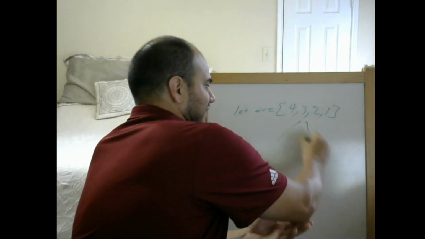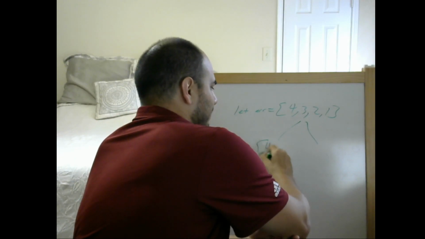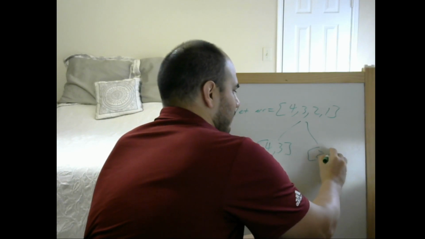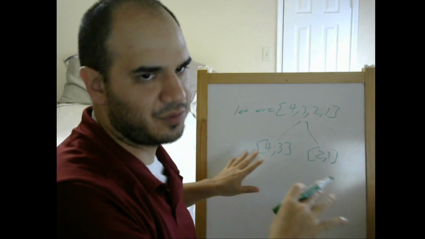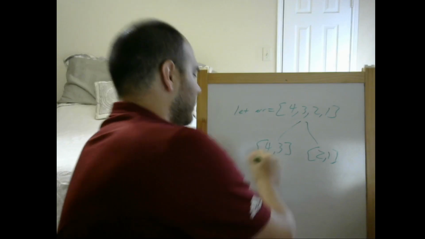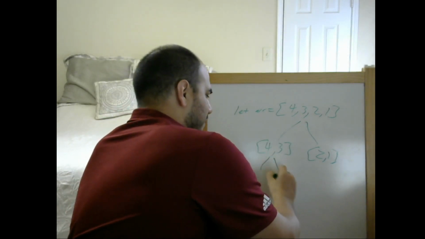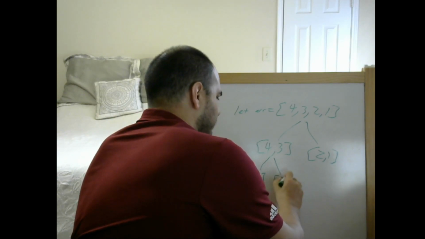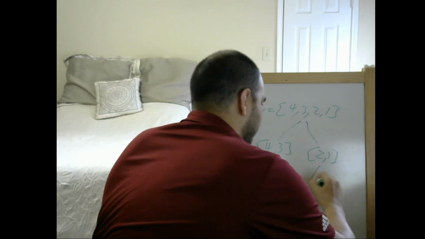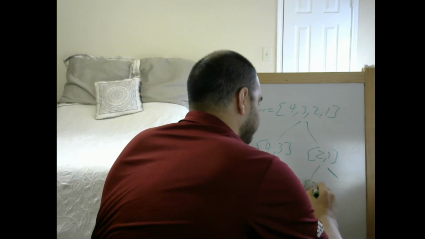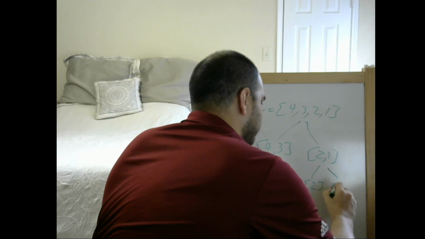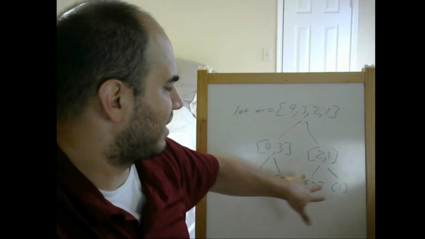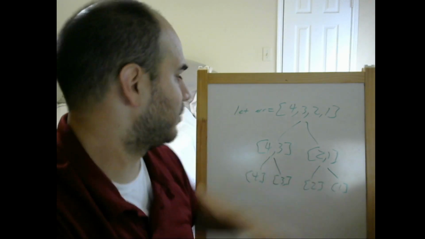It takes this and breaks it down into 2 arrays of size 2. And then it looks at them separately. And then it breaks them down into 2 arrays of size 1.